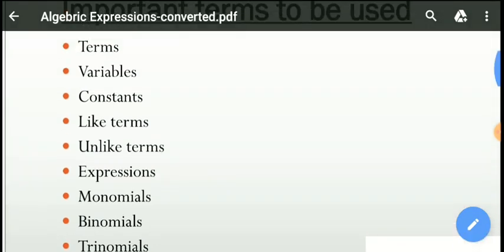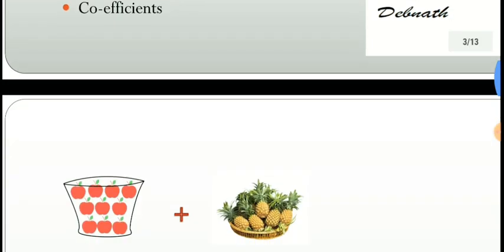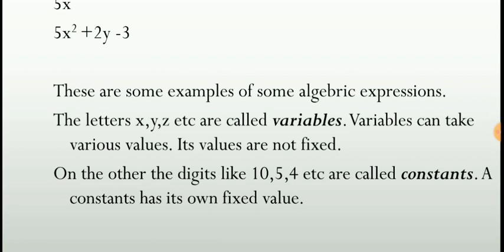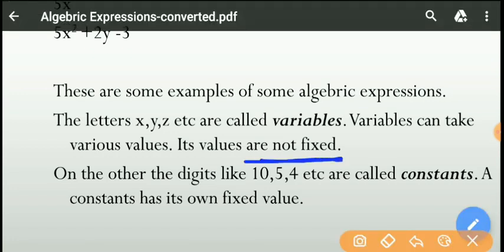And one more thing we have got, variables. Clear? Okay. So x, y, z, etc. are called variables. Why variables? The word itself says its meaning. Variable means vary, whose values always vary. That means a variable can take various values. Its values are not fixed. Remember, variables can take various values and its values are not fixed at all.